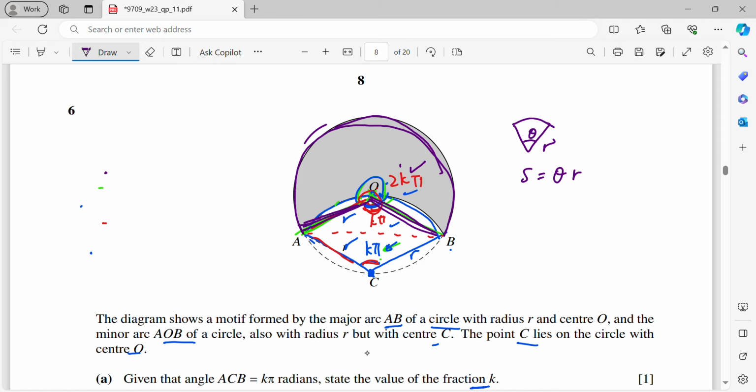Then to find the other one, which is this part, remember, this part is the arc length of the sector ACB.